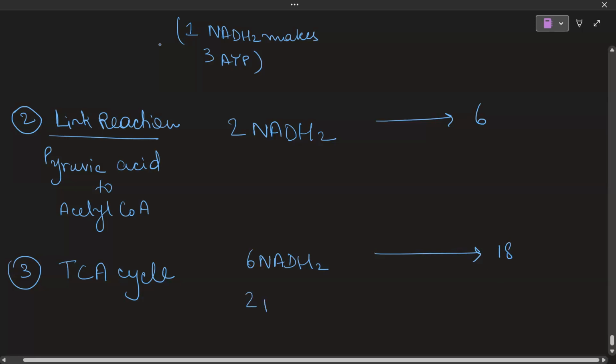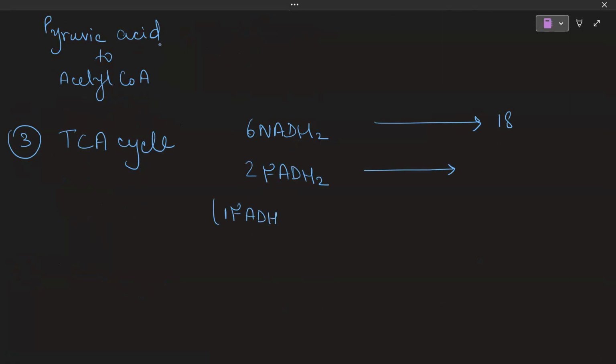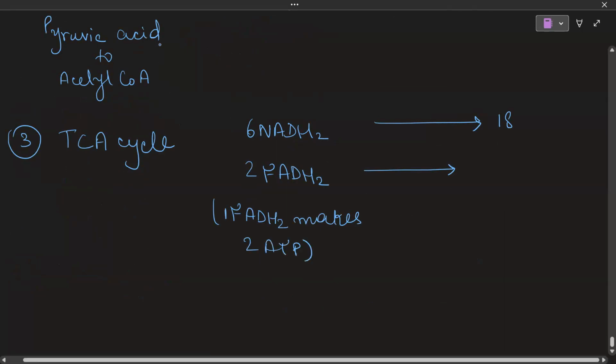Then 2 FADH2 will be made in the TCA cycle. 1 FADH2 makes 2 ATP, so 2 FADH2 will make 4 ATP.